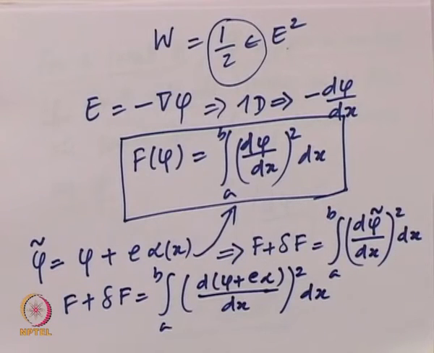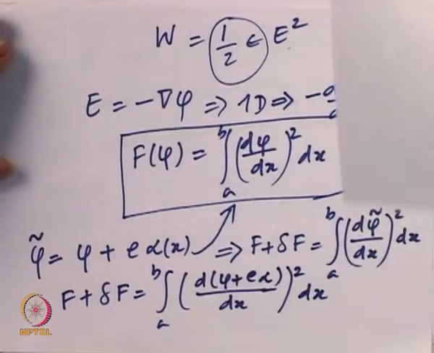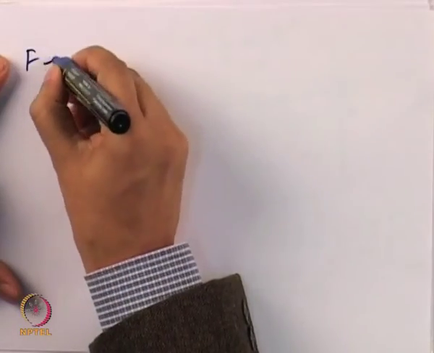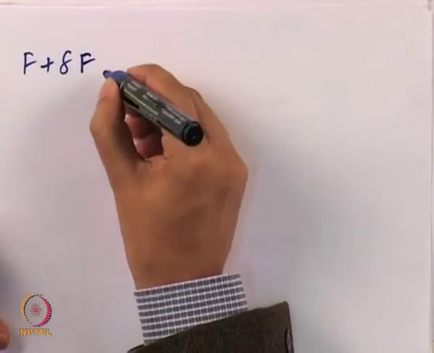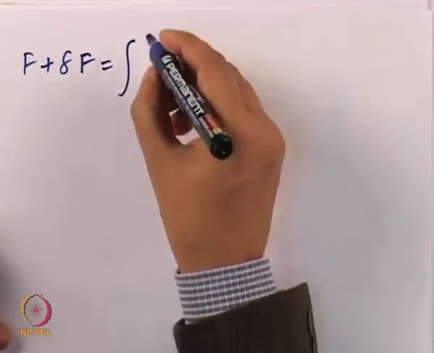So this is going to be the starting point, and now we are going to expand this equation further. So that equation of f plus del f is equal to the integral.